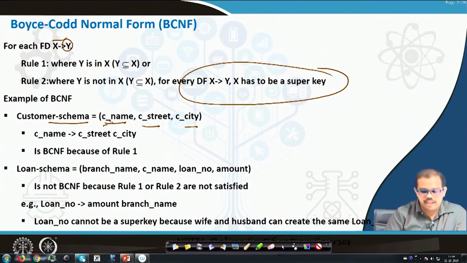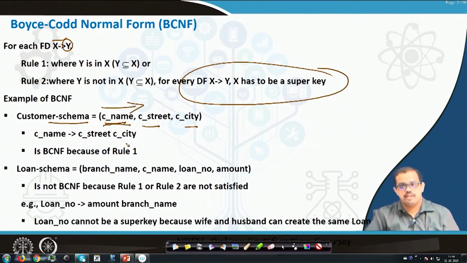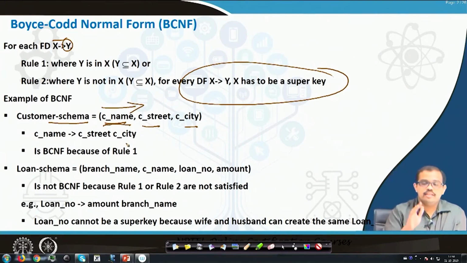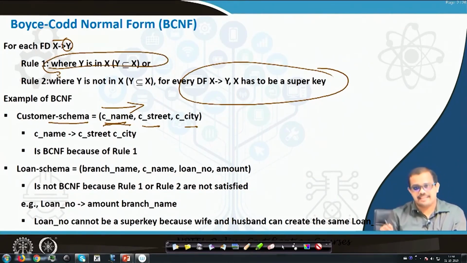Which means that, as per this protocol, customer name is dependent on customer street and city, which is not in BCNF because it does not satisfy rule number 1, which means y is not a subset of x. Customer name is not a subset of x.